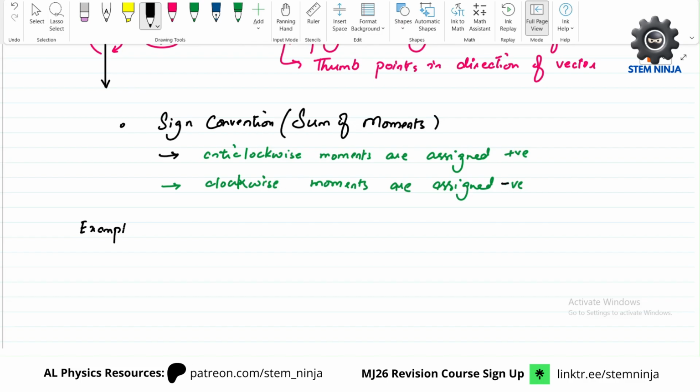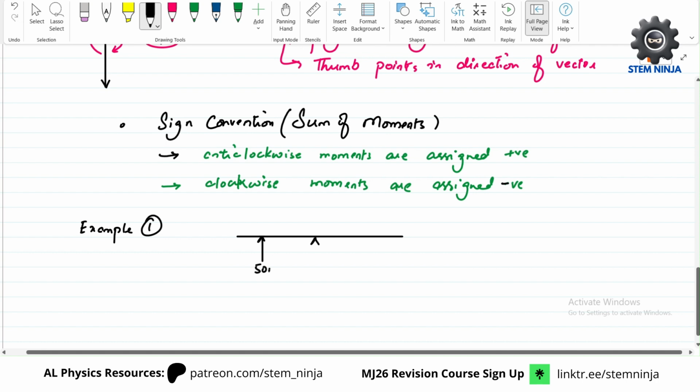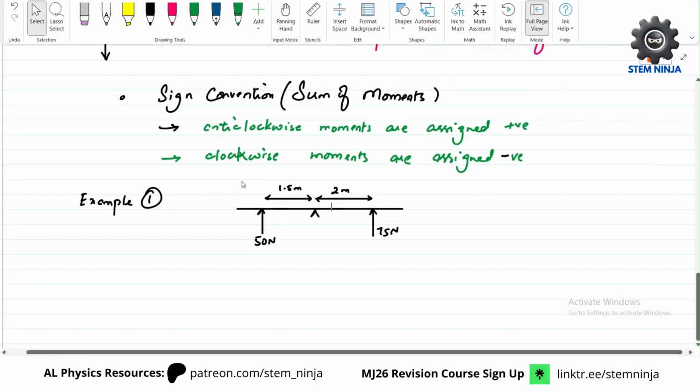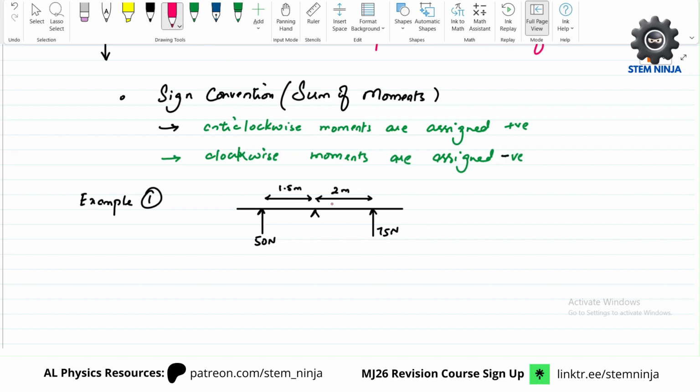So for example, you have a beam. This is a force, let's say 50 Newton, and this is a force, let's say 75 Newton. This distance is, let's say, 1.5 meter, and let's say this is also 1.5. No, let's call it 2 meters. Notice over here the force that will cause a clockwise rotation is 50.